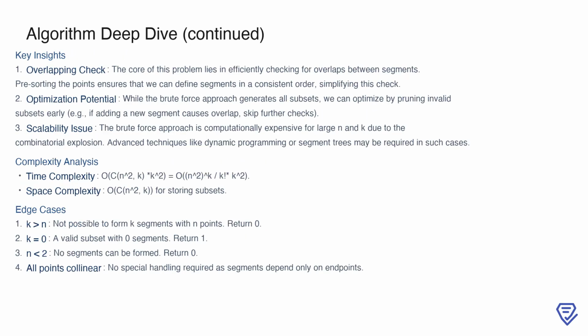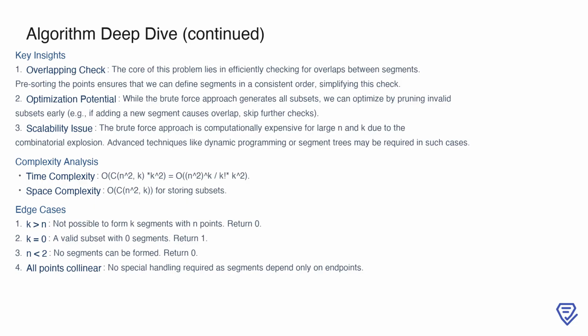This problem highlights several key insights. The most important aspect is efficiently checking for overlaps between segments. By presorting the points, we simplify the process of defining and comparing segments, making the overlap check both consistent and efficient. Additionally, while the brute force approach generates all subsets and then filters them, we can optimize this process.